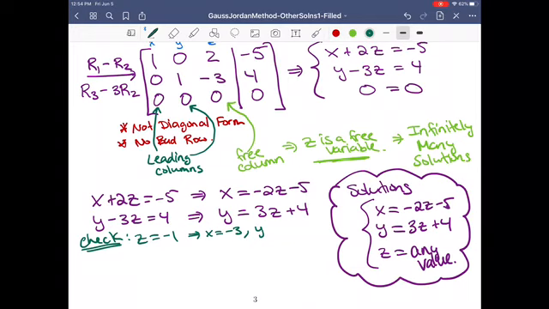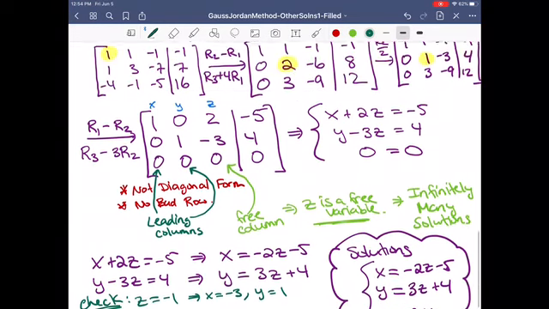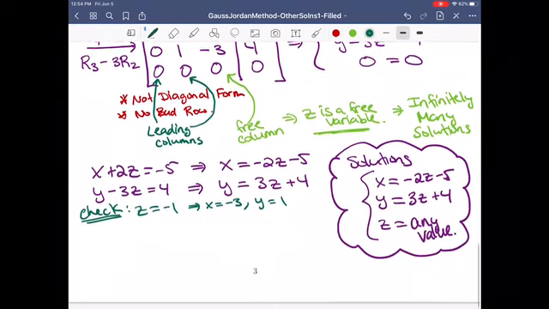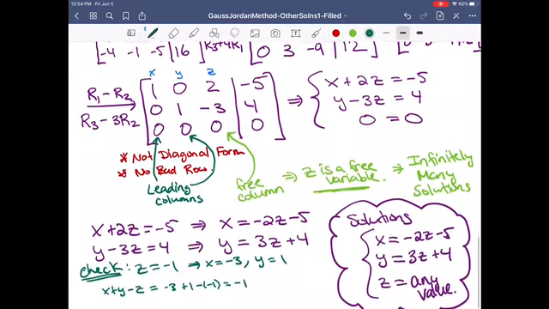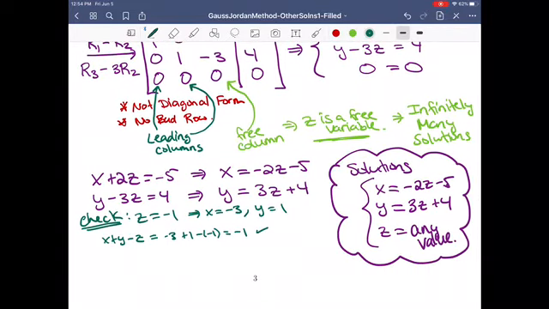And y has to be negative 3 plus 4, so 1. Now I'm going to check those in our equations. So x plus y minus z is negative 3 plus 1 minus negative 1. So that's negative 3 plus 2, that's negative 1. And that's exactly what our first equation said.